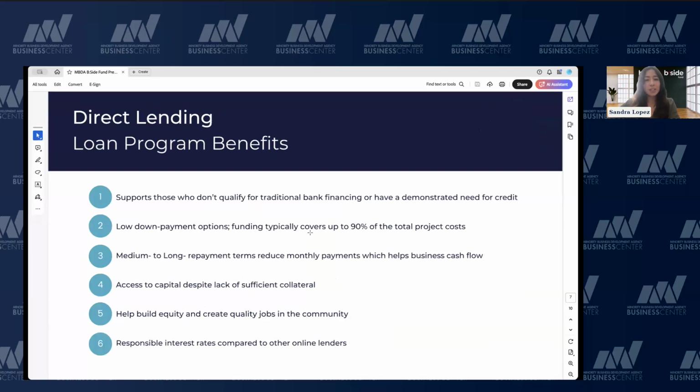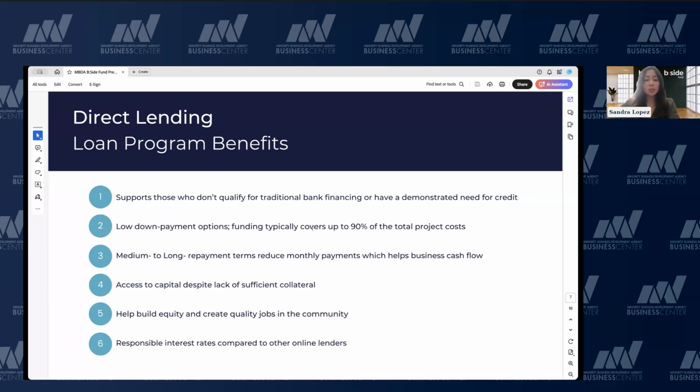The general benefits of our programs, as I mentioned: we do support those businesses that don't qualify for traditional bank financing or have been demonstrating that need for credit. We have very low down payment options. We usually finance 95% of the project, requiring the applicants only to inject that 10% down.